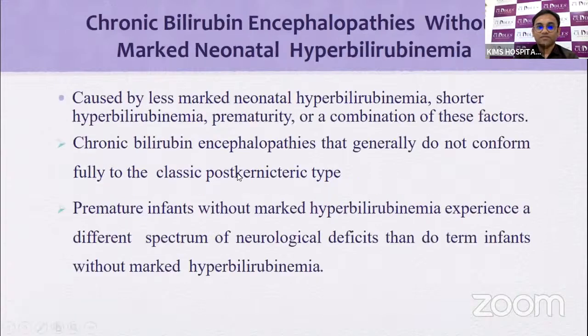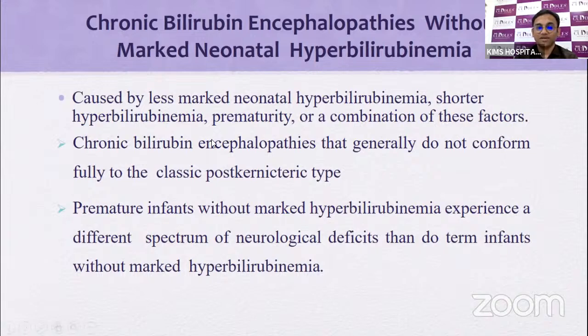Sometimes chronic bilirubin encephalopathy can happen without marked neonatal hyperbilirubinemia, or with a less marked hyperbilirubinemia of shorter duration. This usually happens in premature babies and babies who have other risk factors, where even a non-significant hyperbilirubinemia of short duration can still lead to chronic bilirubin encephalopathy.